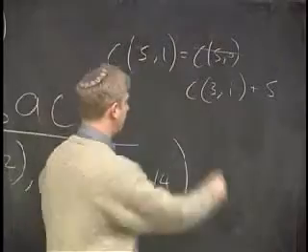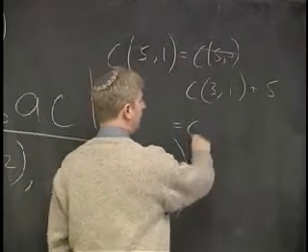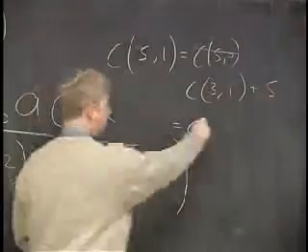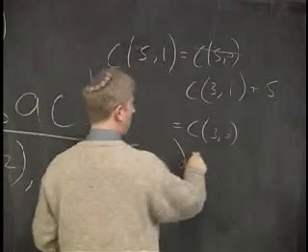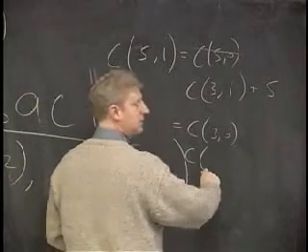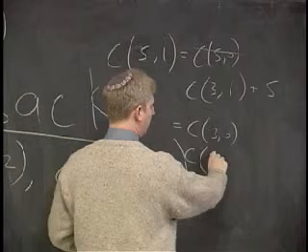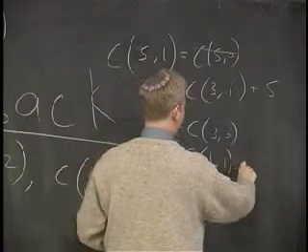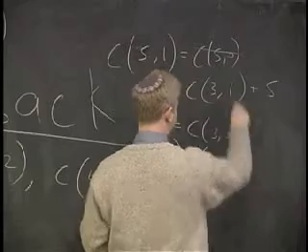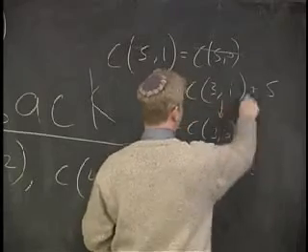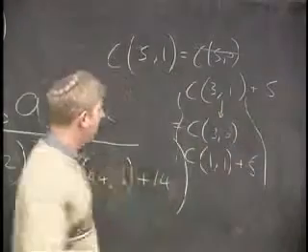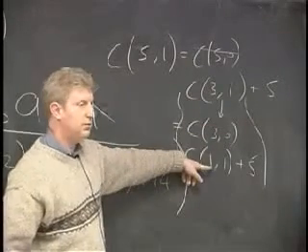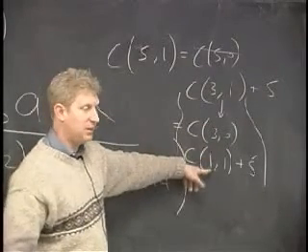And C of 3, 1 turns into C of 3, 0 or C of 1, 1 plus 5. So the maximum of these two is going to be the bottom one.